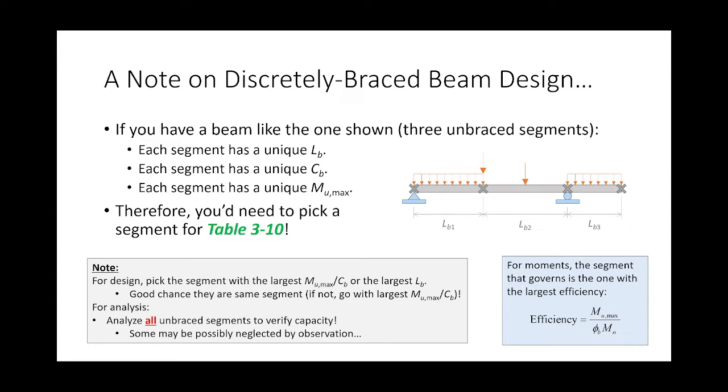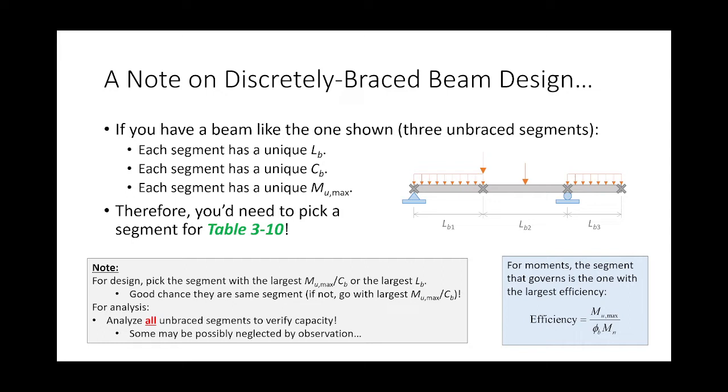Okay. Once you pick a segment for design and you have a trial shape, you need to analyze all the segments to verify the capacity. Again, it's possible that even the segment that has the largest bending moment might not be the one that governs because of the effects of CB and LB, etc. Some may possibly be neglected.